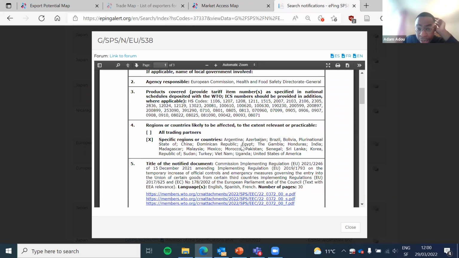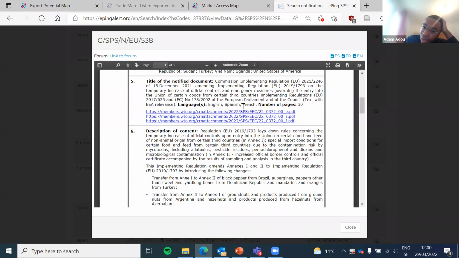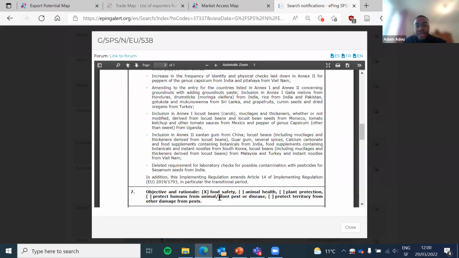Then the countries concerned by the notification. In here, you can see that Thailand is not part of this list, right? So this notification does not really concern Thailand. And you will have the objectives of the notification lower in here. As you have the cross in here, this notification is in order to protect the consumer, so it's for food safety.